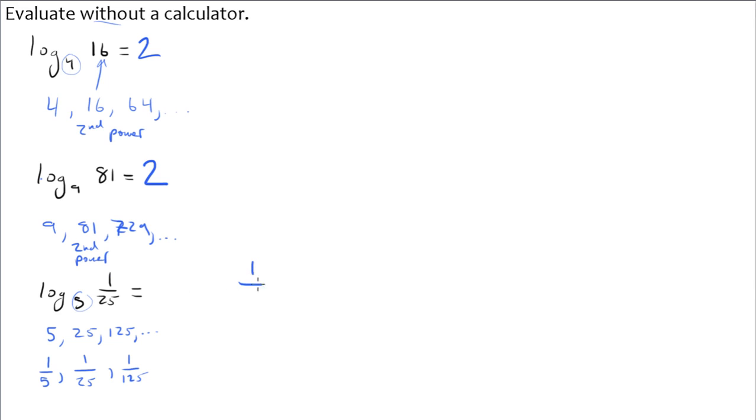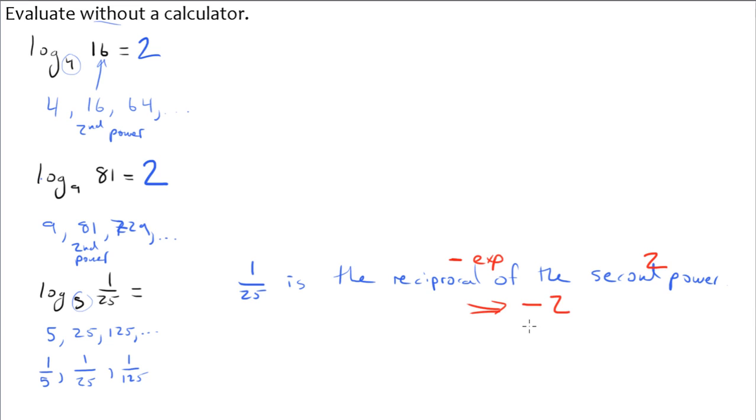So 1 over 25 is the reciprocal of the second power. So I'm going to take that reciprocal, that means a negative exponent of the second power, 2. So this comes together to get me -2.